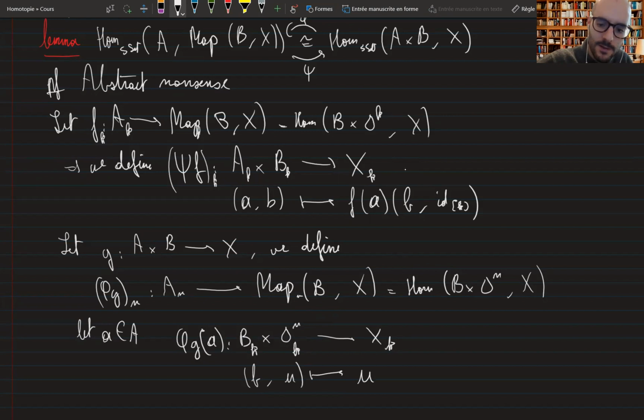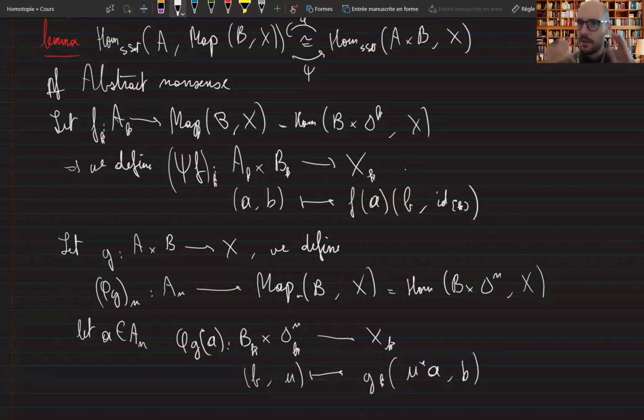Well, you simply take G_K applied to U upper star of A, B. So B is a K simplex, A is an n simplex, but you can apply the simplicial structure of A using U to get a K simplex, and you apply G_K.